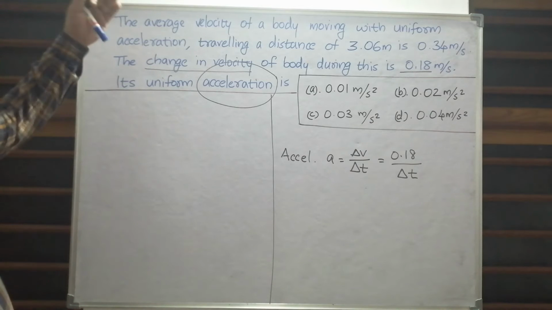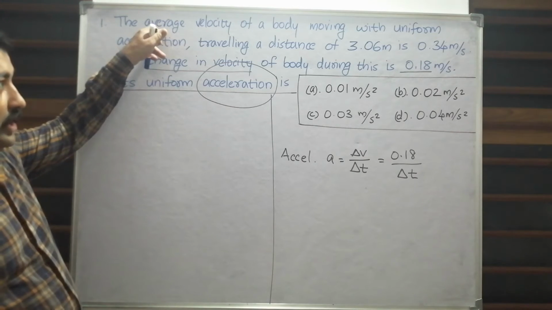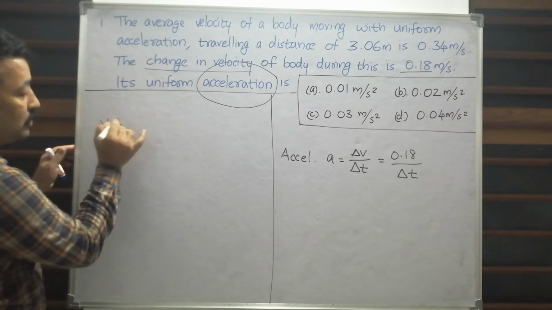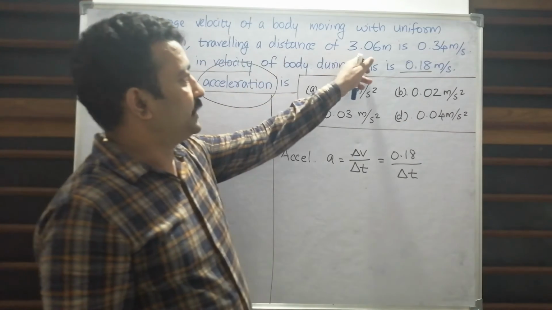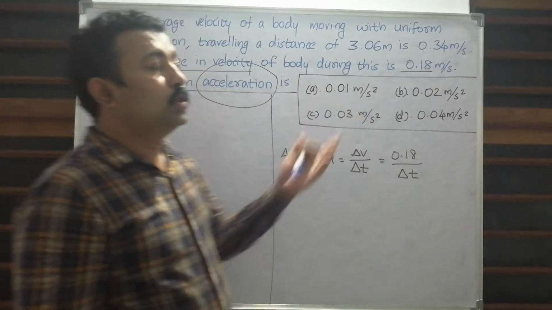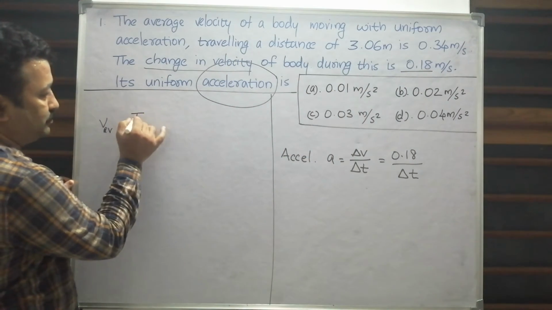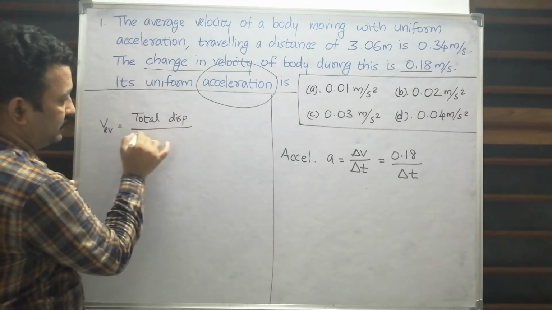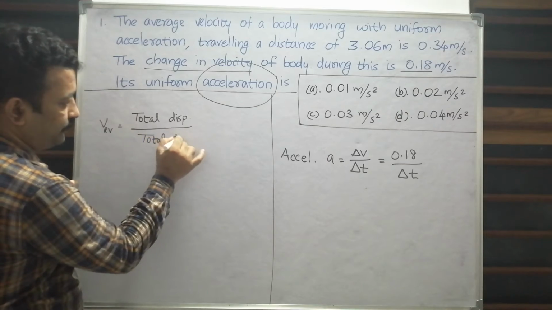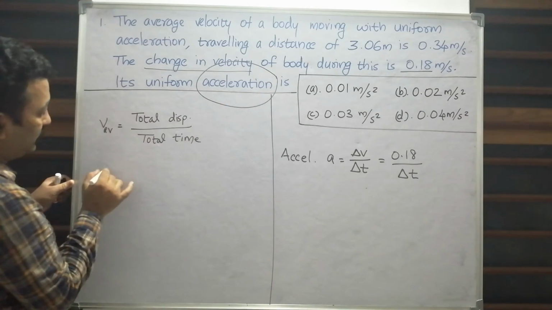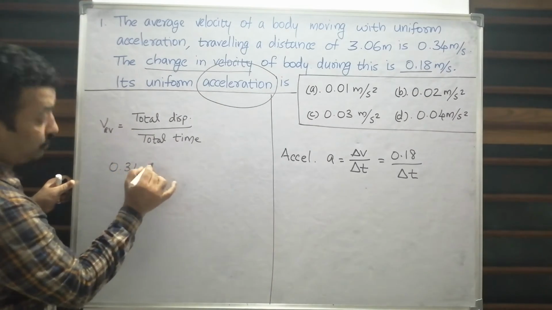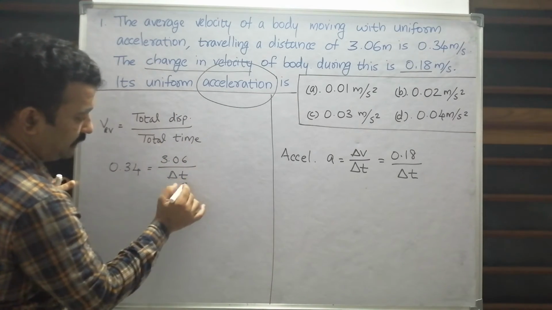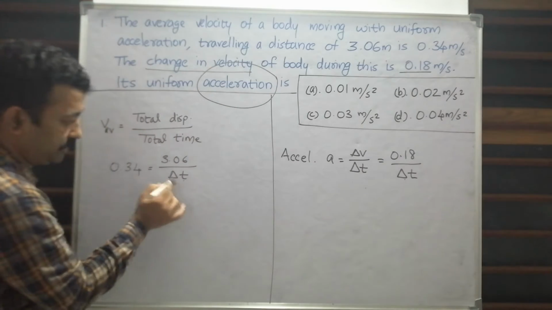For that we can refer to the concept of average velocity. The average velocity when it covers the distance is given as 0.34. Average velocity is simply defined as total displacement divided by total time. We have average velocity 0.34 is equal to 3.06 divided by delta t, so we can obtain delta t from here.